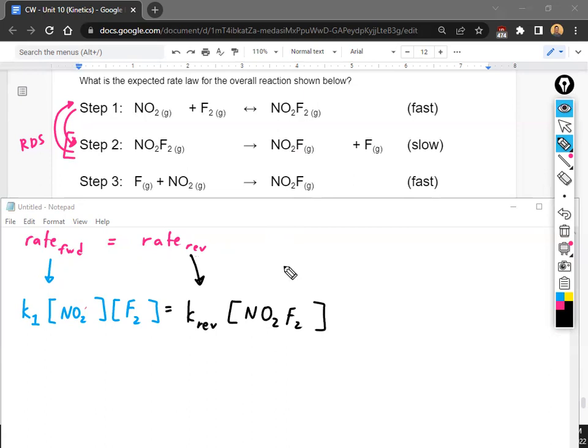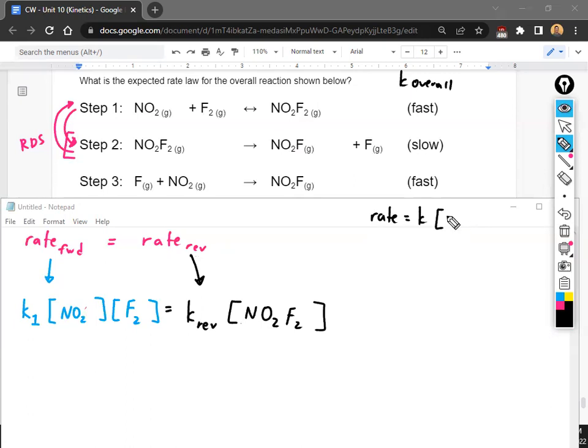Now, what we want to figure out here is the K overall, the K for the overall reaction, because the reaction itself overall has its own rate constant. So we want to isolate this concentration right here, because we know that the rate is determined by the slowest step.